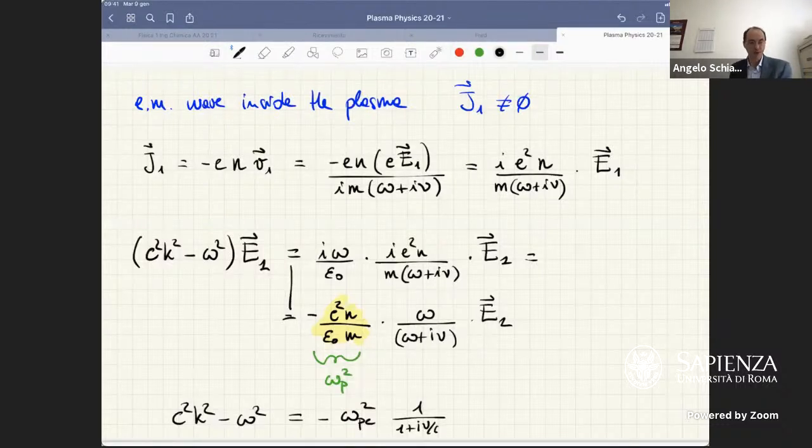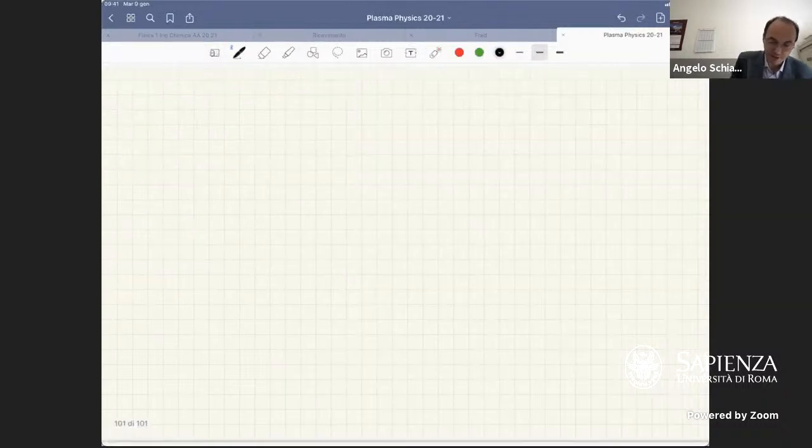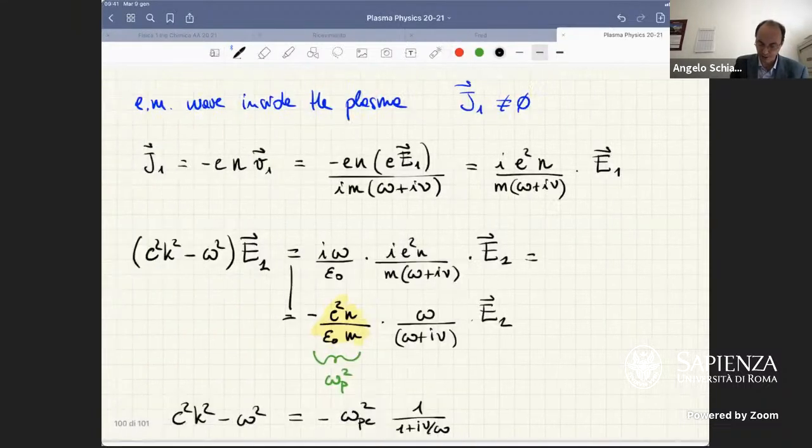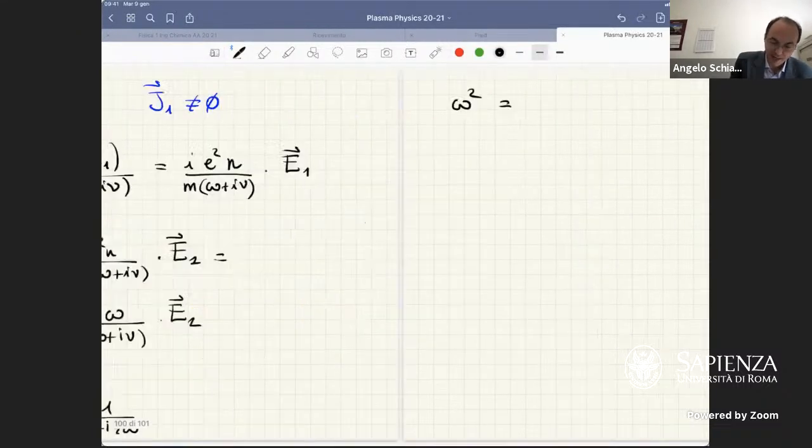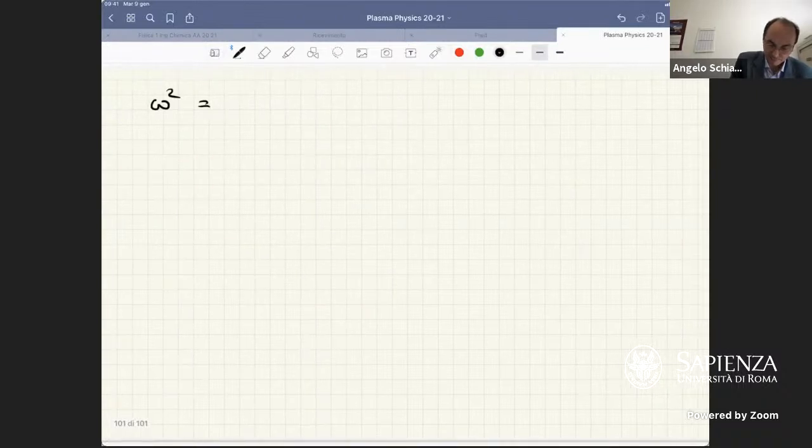Okay, let's rearrange it a bit. For instance, let's have on the left-hand side the omega squared as we are used to writing it. And this becomes omega squared equals omega p squared that multiplies 1 over 1 plus i nu over omega.